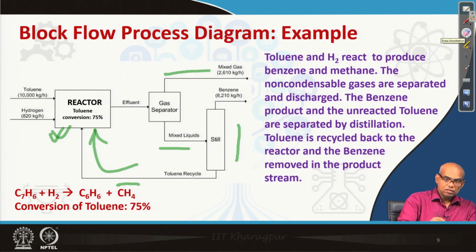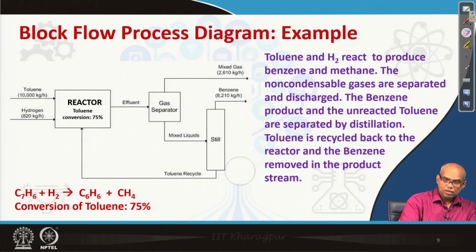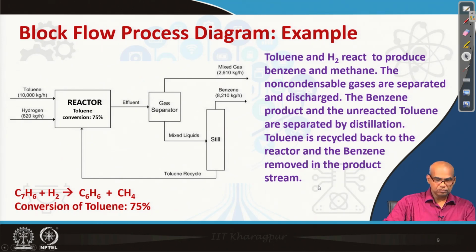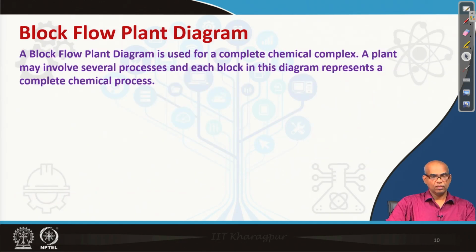So, this can be represented by blocks in this block diagram. Note that toluene and hydrogen react to produce benzene and methane. A block flow plant diagram is used for a complete chemical complex.